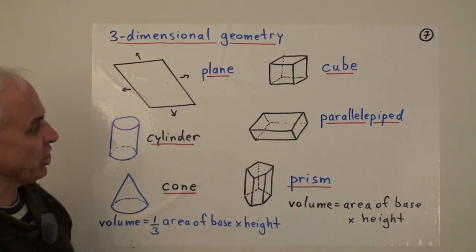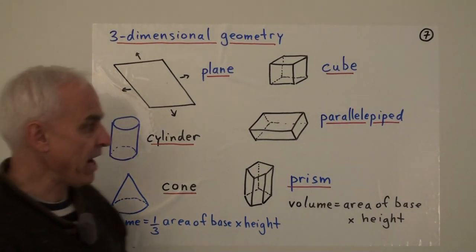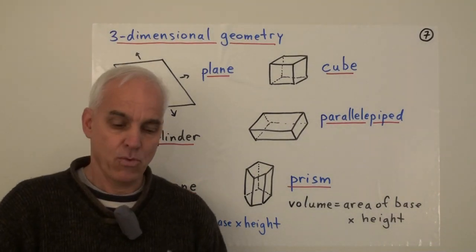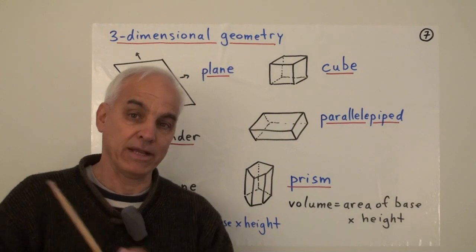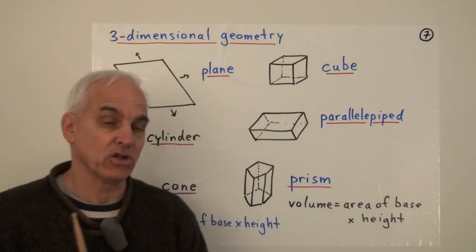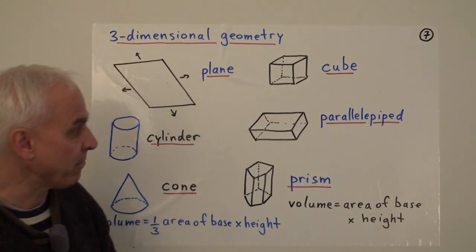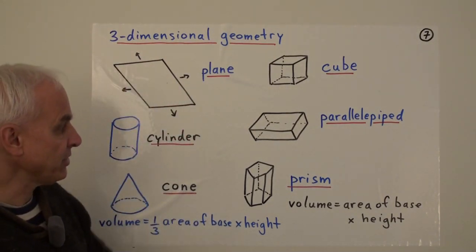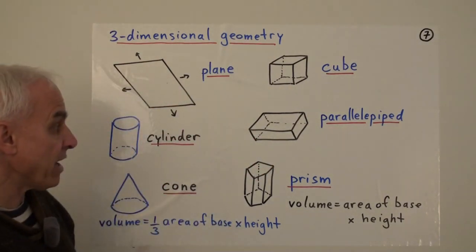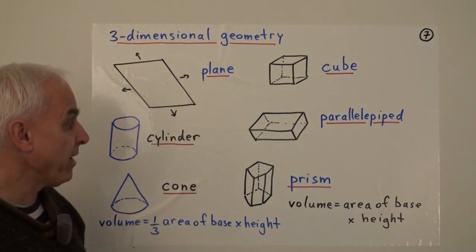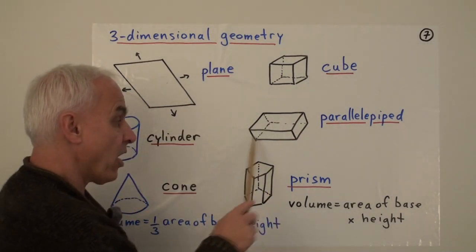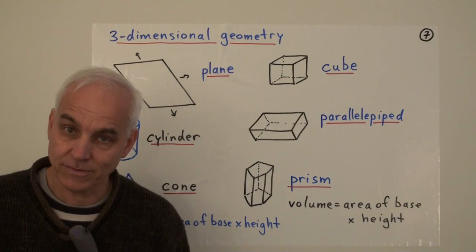A generalization of a cube is a parallelepiped, which is the analog of a parallelogram in three-dimensional space. That's a rather long and complicated word, a parallelepiped. Here's an example of that. And so we're talking about something that's like a cube, except that the faces are not necessarily squares.